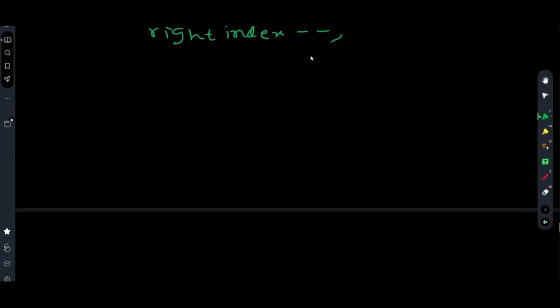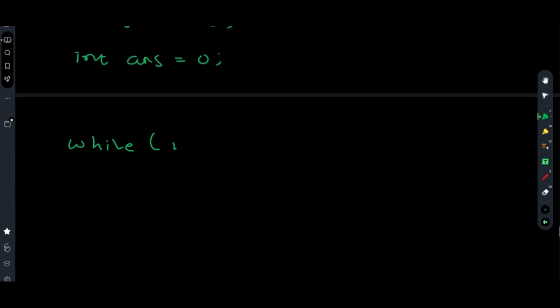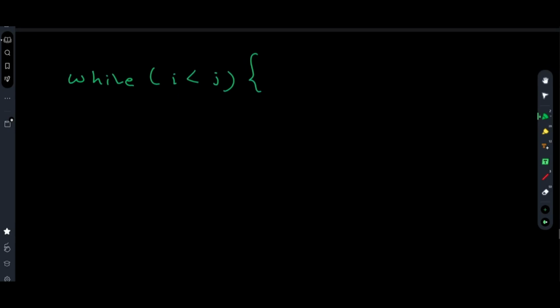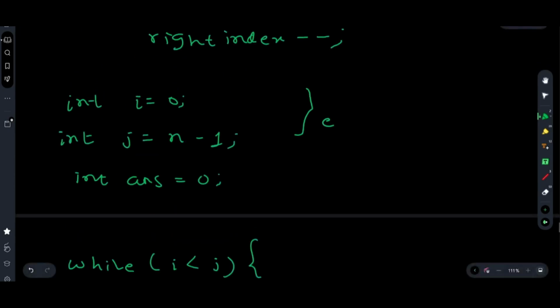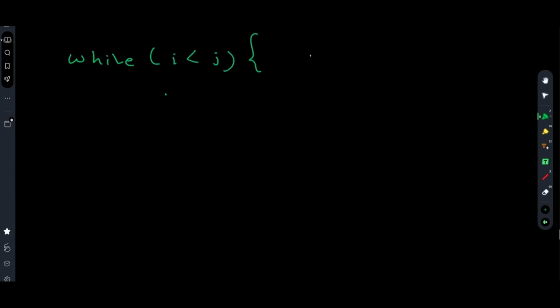So I will code up the algorithm right now. First you will have two pointers. Int I equals 0, int j equals n minus 1, int ans equals 0. While I less than j, because there must be some width, ensuring max width, what will be the height? Min of arr of I, arr of j.